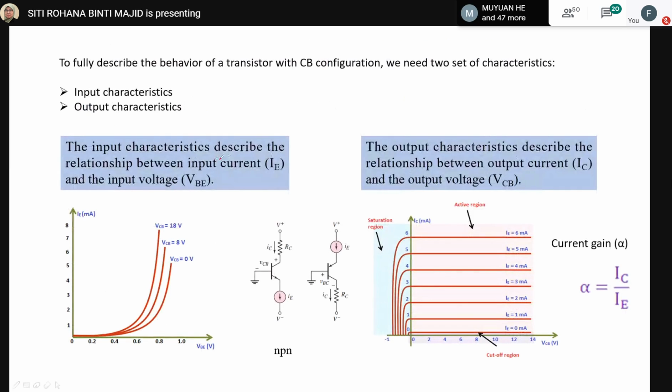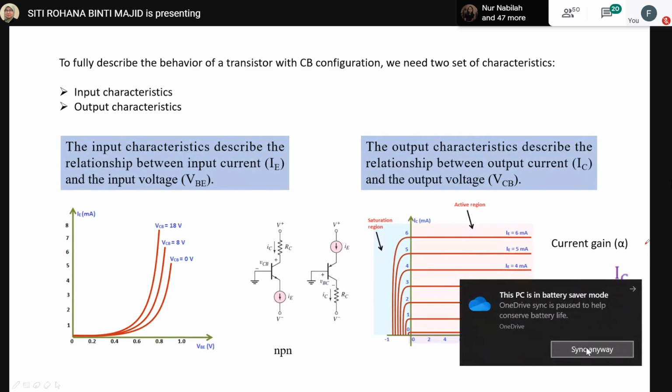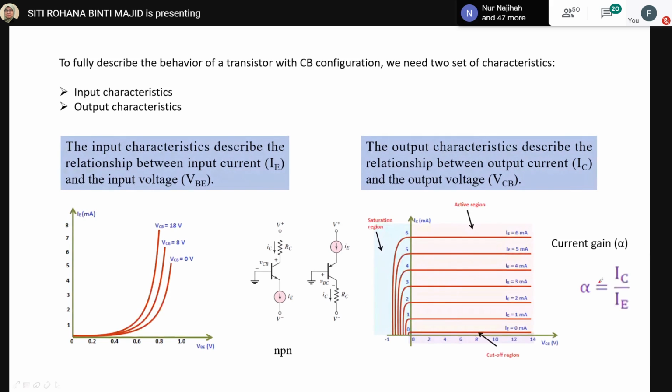The input characteristic describes the relationship between the input current, IE, and the input voltage, VBE. You can see it is a forward bias characteristic. And the output characteristic describes the relationship between the output IC and VCB.